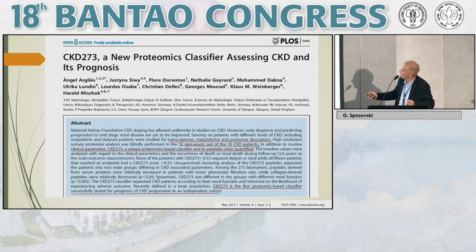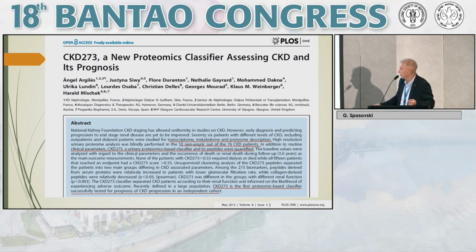And this is the classifier I'm talking about, and we have used, again, the group from Harald Mischak, a new proteomic classifier assessing CKD and its prognosis. It comes from 2013, with the first studies with 53 non-anuric out of 76 CKD patients, and they found those at risk with increased CKD273 classifier based on proteomic analysis.